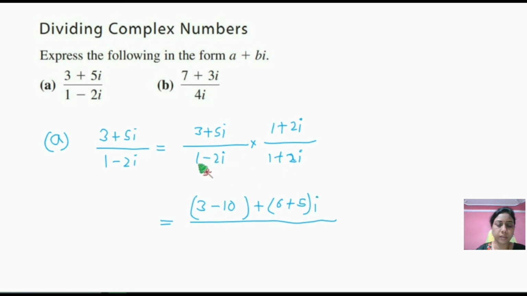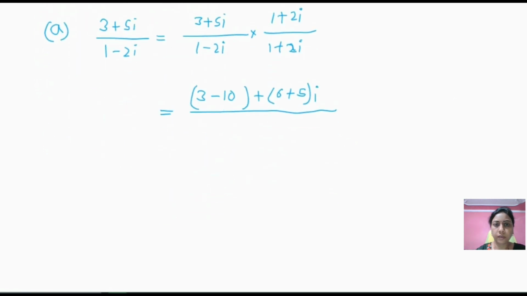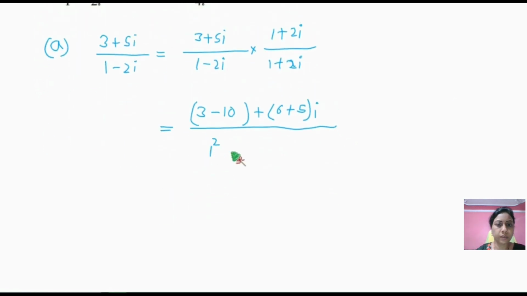For the denominator we can do this because it is just like (a minus b)(a plus b), so we can write a square minus b square: 1 square minus (2i) square. So the numerator is minus 7 plus 11i, and the denominator: 1, and (2i) square means 2 square is 4, and i square is minus 1, minus minus is plus, so 5.